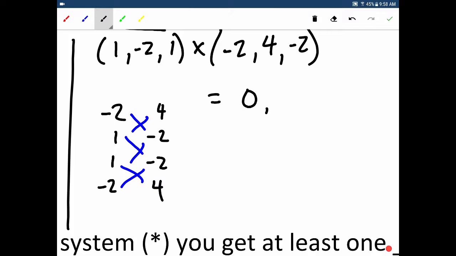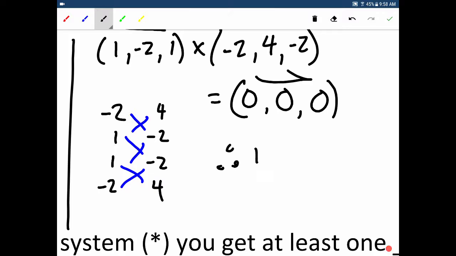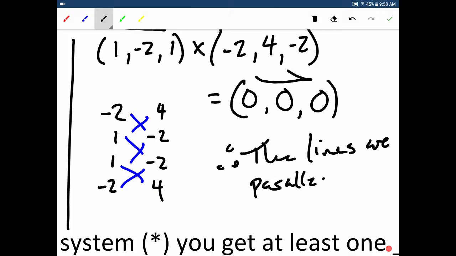Then the next one's 0, and the next one's 0. And what do you know? Therefore, the lines are parallel and distinct. In other words, they're parallel lines, but different parallel lines, so they do not cross.